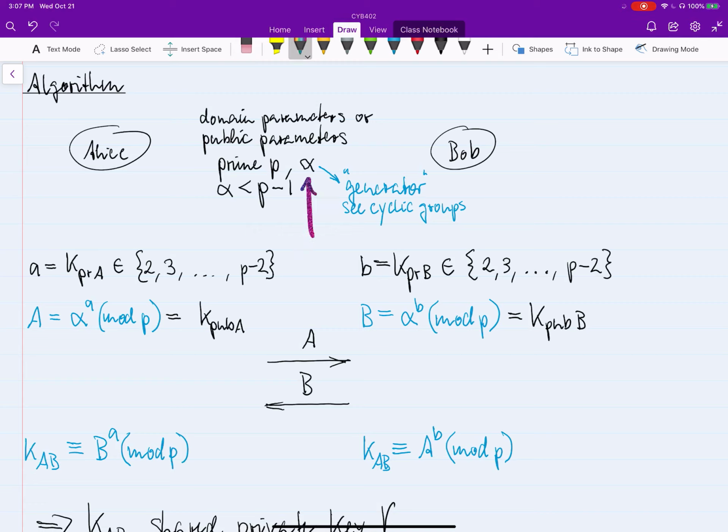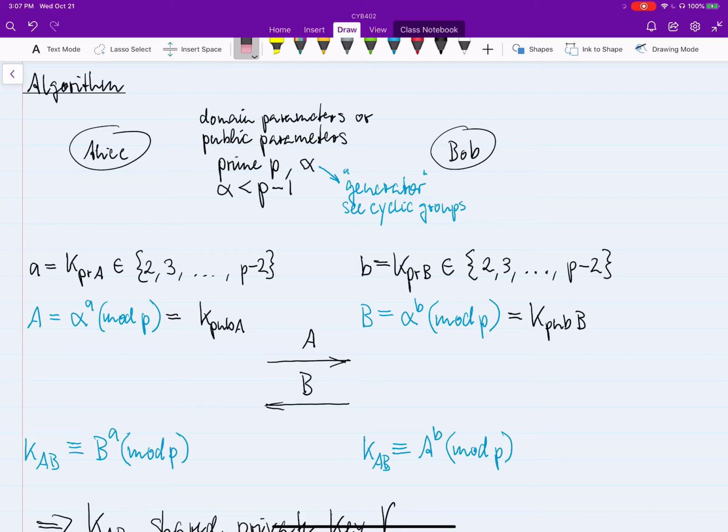Alpha needs to be smaller than p minus 1. An additional condition is that alpha needs to be a generator. And this is where cyclic groups come into play. Otherwise, Diffie-Hellman is actually not secure. We are going to see later on what that actually means. What is a generator?